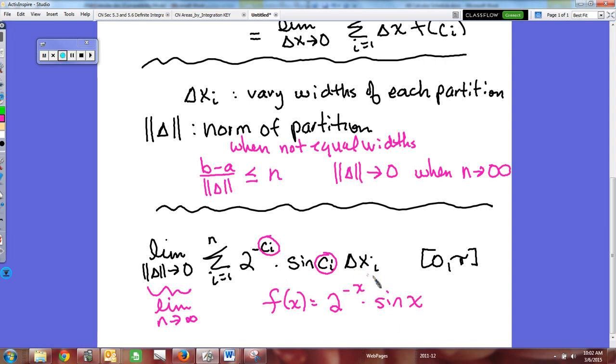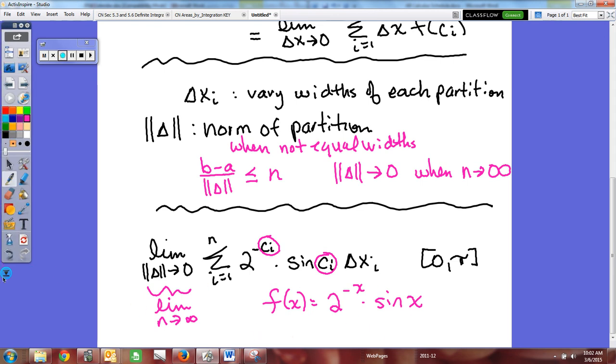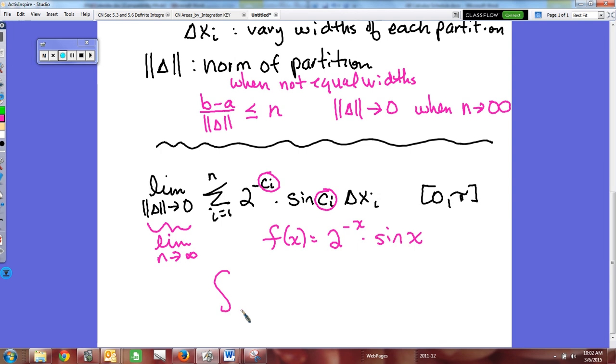Doesn't really matter whether it's delta x or delta xi. So when we write this as a definite integral, we would write it as the integral from 0 to pi of the function 2 to the negative x sine x, and then our differential in x.